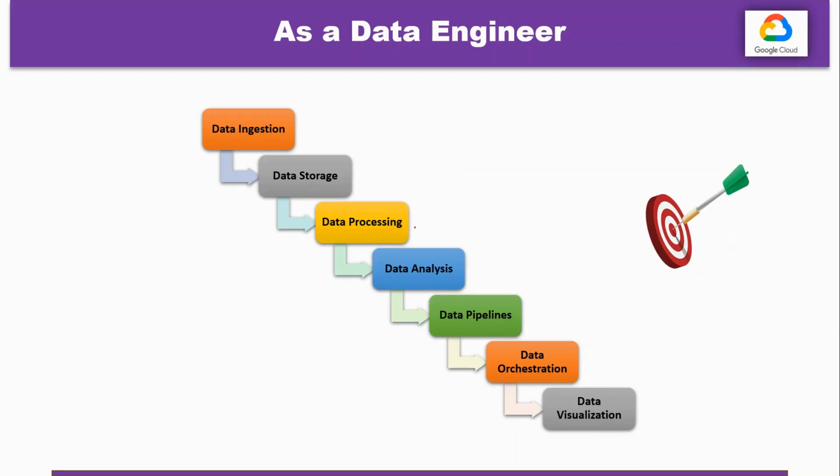In this particular project, as a data engineer, we are going to take care of each and every activity that I have mentioned here, such as data ingestion, data storage, data processing, data analysis, data pipeline creation, data orchestration with the help of Airflow DAGs. We are going to create the visualization as well.